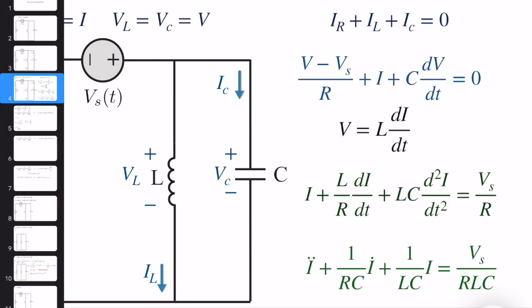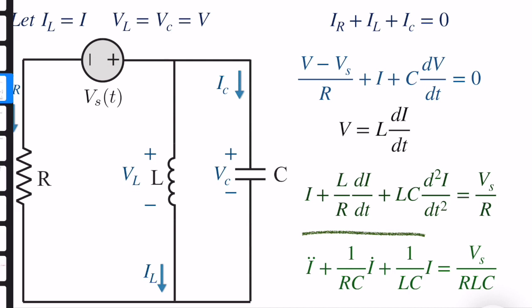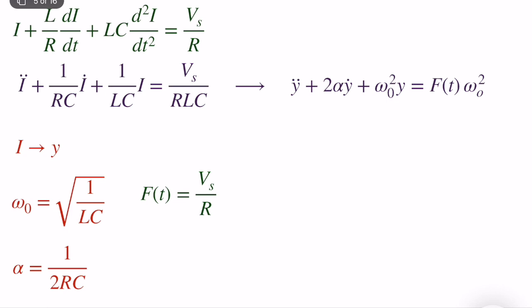So this result is consistent with our finding. In this form, the right-hand side is equal to Vs divided by R. If I write the ODE with respect to I double dot, it's equal to Vs divided by R L times C. Good. Let's remember our general format. When there's a forcing input, the general format can be written in this form, which is not very different from the previous case.